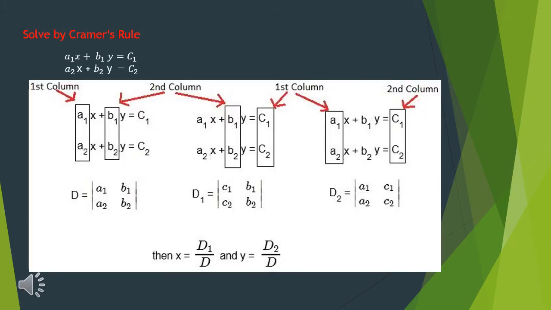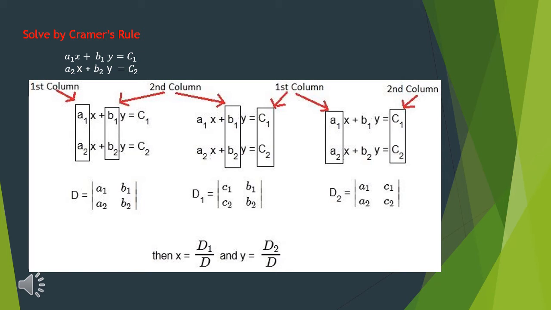Let us find the formula of Cramer's rule. Two linear equations a1x plus b1y equal to c1 and a2x plus b2y equal to c2 are given. Then first find the value of determinant D. Capital D equal to, write in columns a1, a2 and another column b1, b2. Now find the value of determinant D1, also called dx.